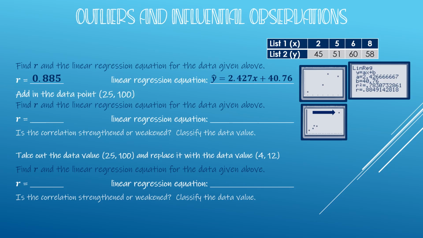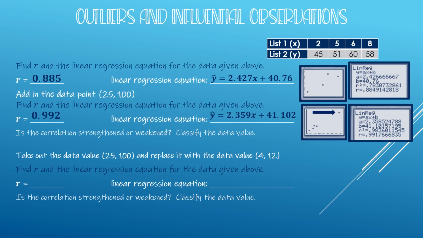That is an unusual value. If we do our linear regression, the R value is now stronger than it was without that data point. It's now 0.992. There's our linear regression equation using the A and the B just for practice.